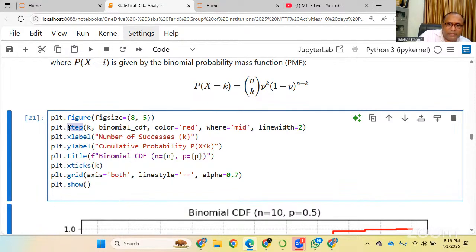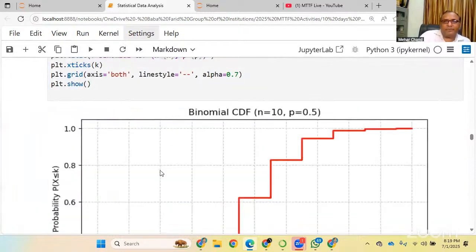So here we have the step plot with k and the values which we have calculated, color red, where mid, line width 2. These are the other labels, xlabel, ylabel, title, and grid, plt.show. Very simple.